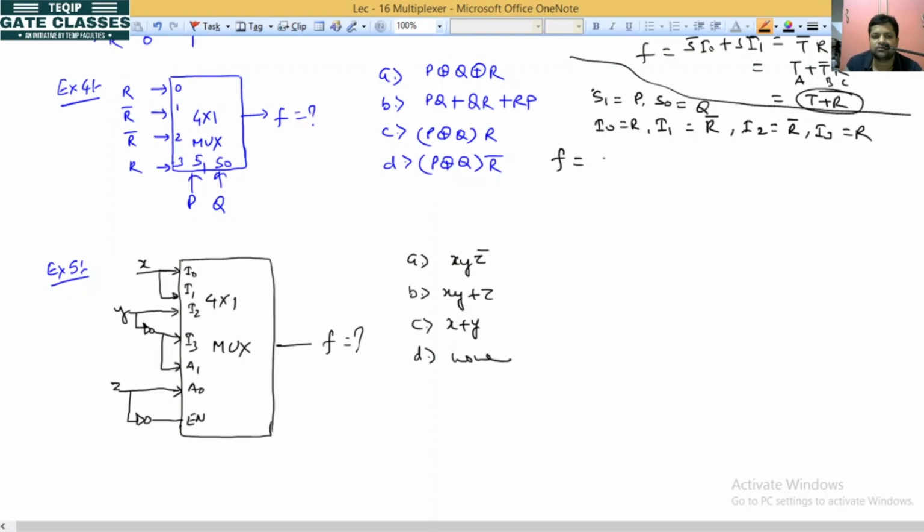F equal to S1 bar S0 bar I0 plus S1 bar S0 I1 plus S1 S0 bar I2 plus S1 S0 I3. I have derived it in the initial part.